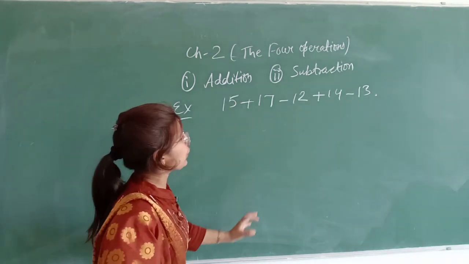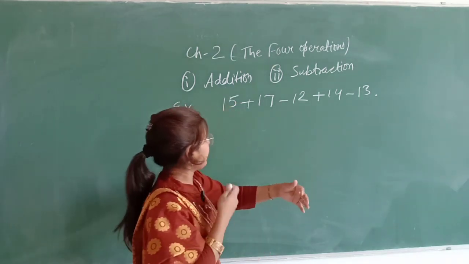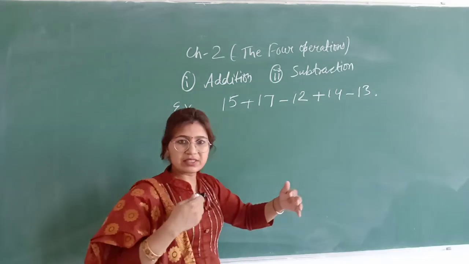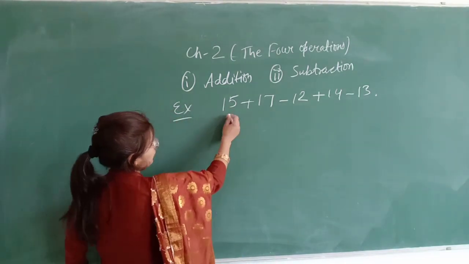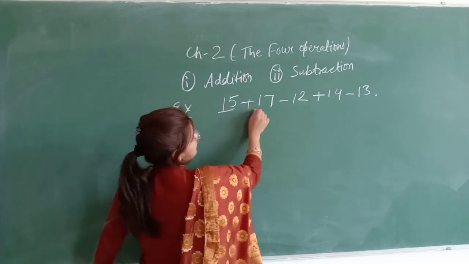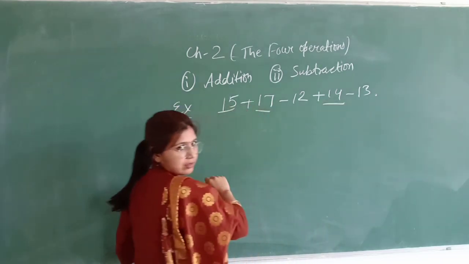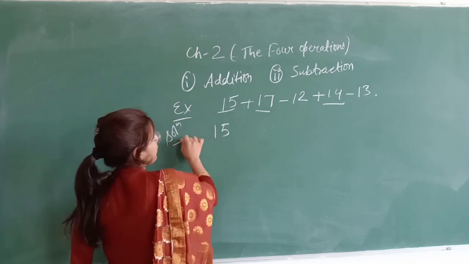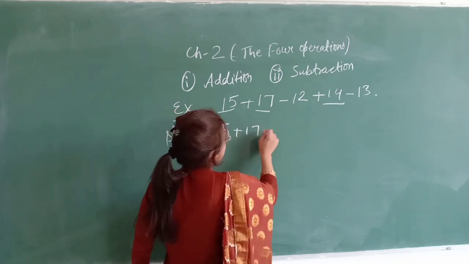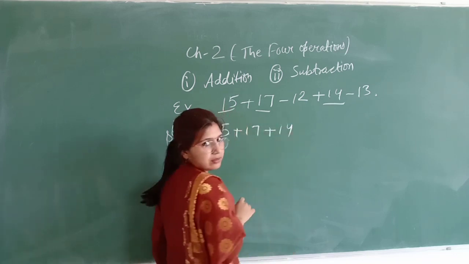So first of all you have to take all the positive values on one side and negative values on one side, then you have to solve the question. See in this question, 15, 17 and 14. Take them together: 15 plus 17 plus 14.